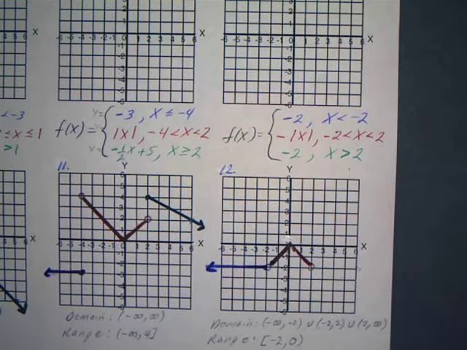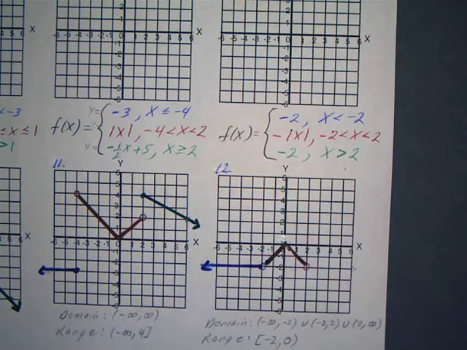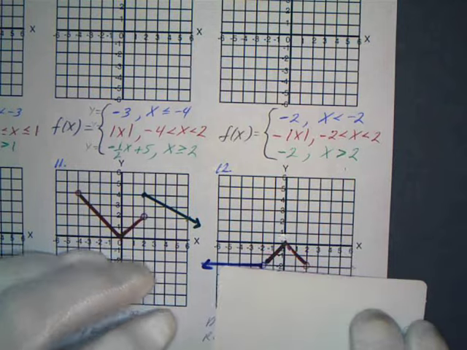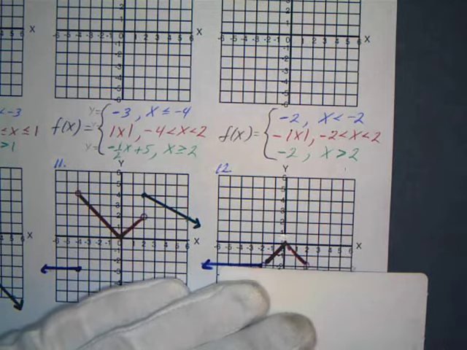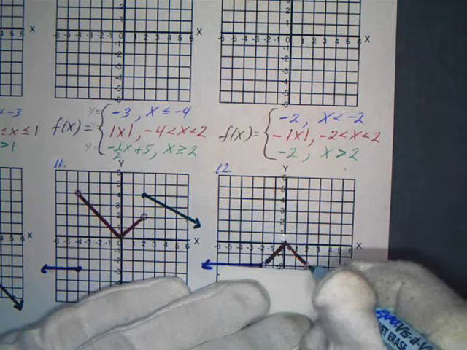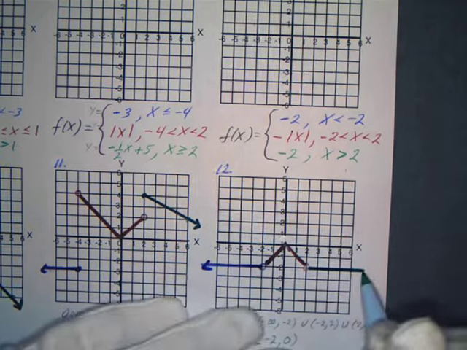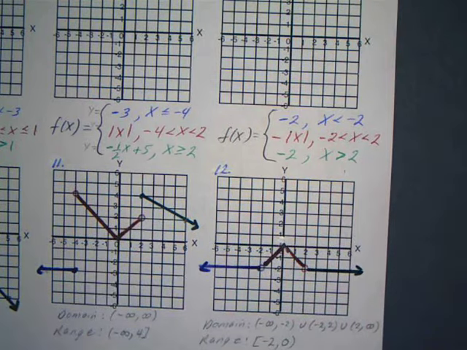Okay. And then it's an open circle here, and then it's going to be negative 2 when x is greater than 2. So that's going to be back to green. And there you go.